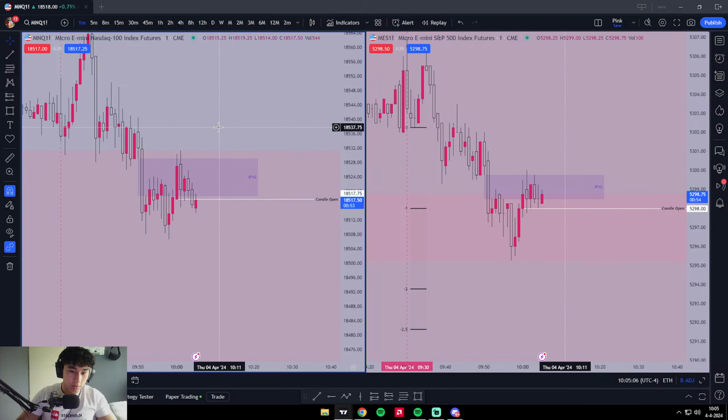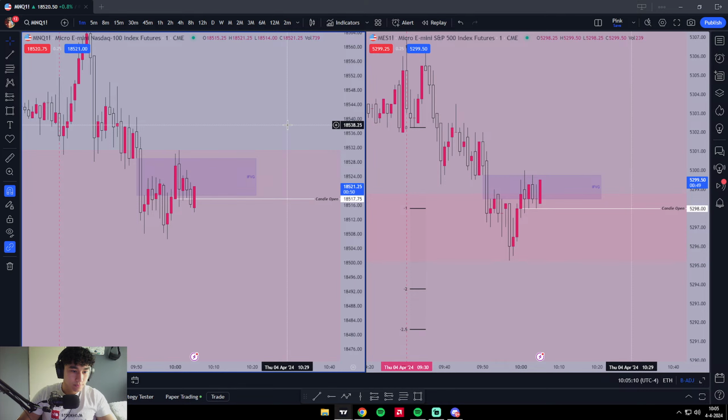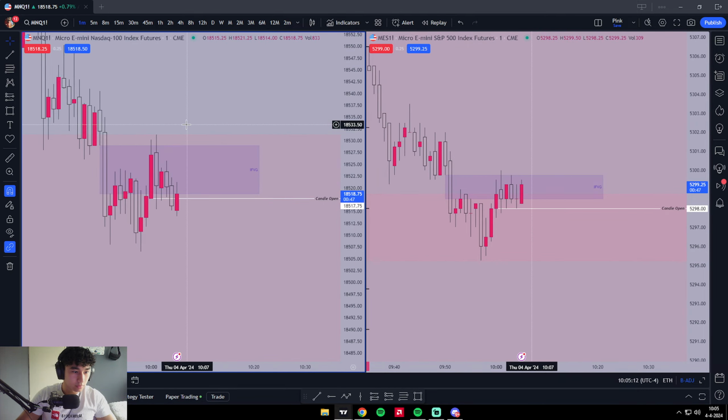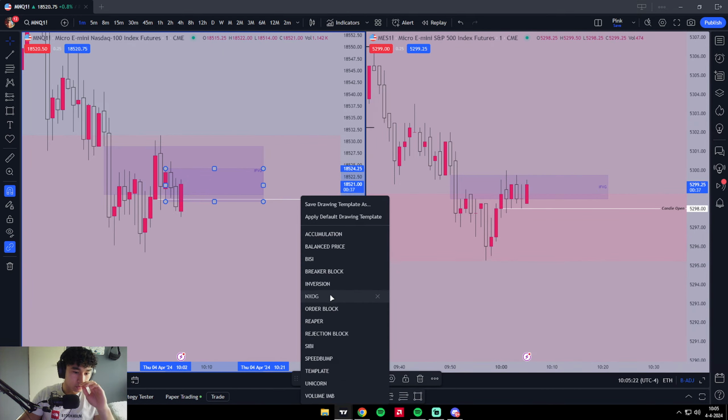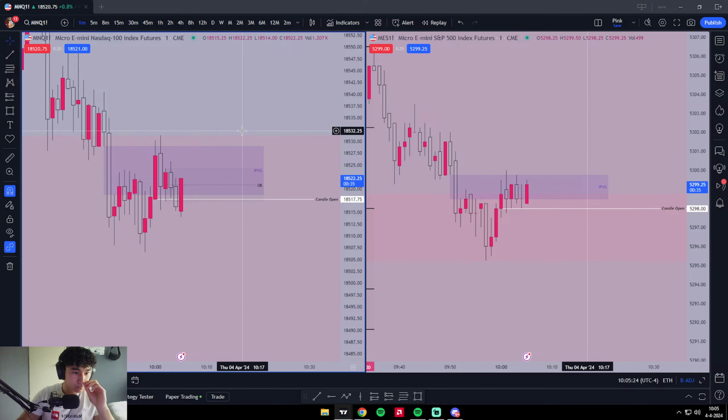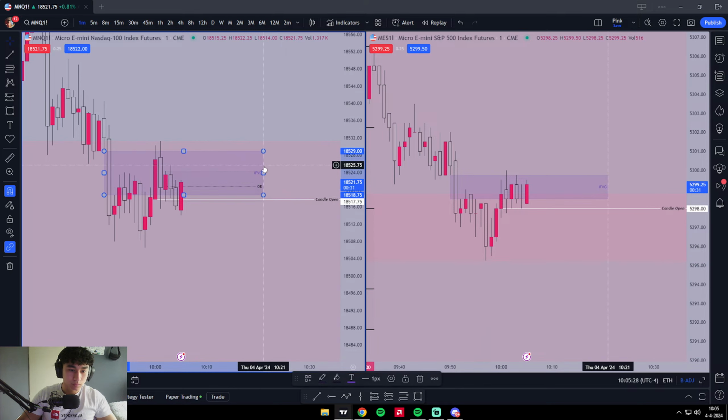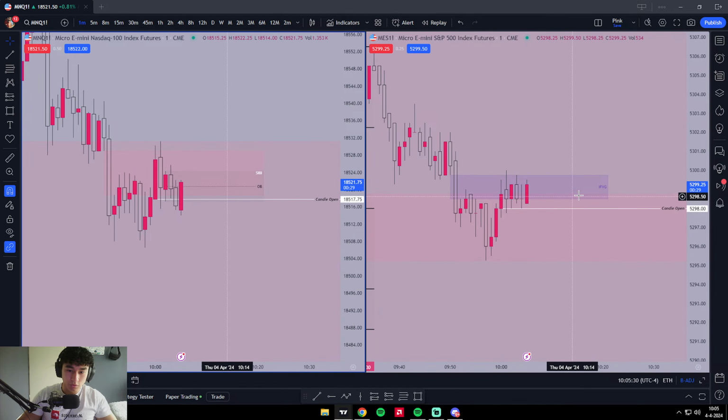There's that respect of that SIBI still. Change state of delivery here. This candle here, this is the order block now. Should act as an order block. Should support price lower.